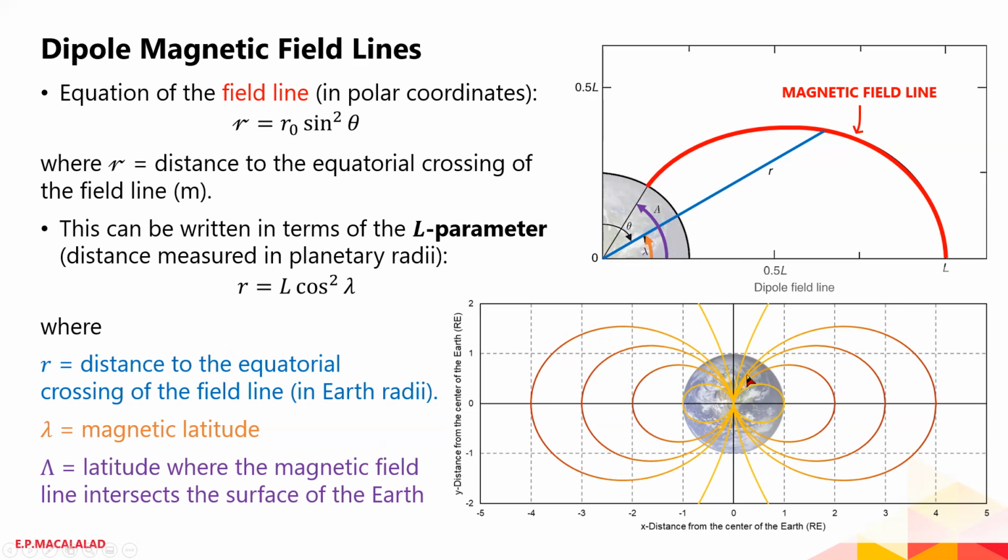Now as you will notice, the magnetic field lines are at different latitudes. So for example, let me just set up my drawing.